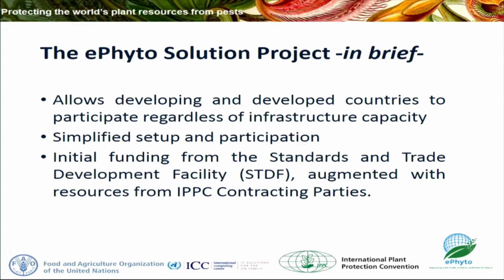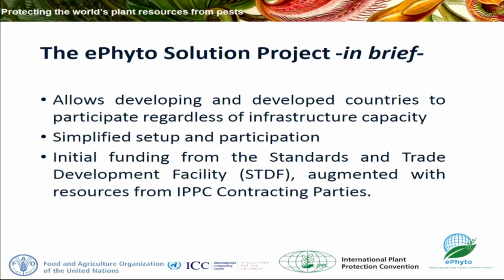It costs them nothing to participate in ePhyto. It does cost them in terms of developing their own national infrastructure to be prepared to properly issue and do the inspections and certify, et cetera. But in terms of the ePhyto itself, it's free, and it's intentionally set up that way.